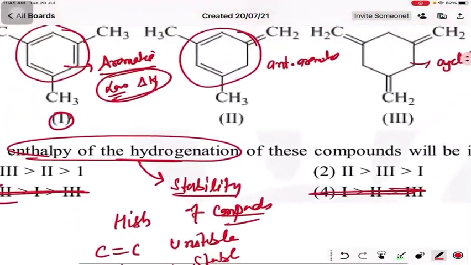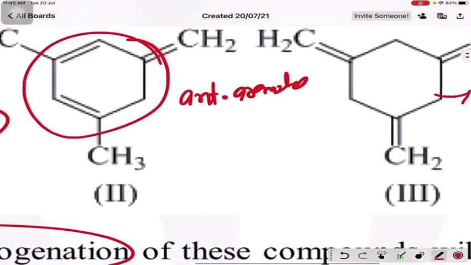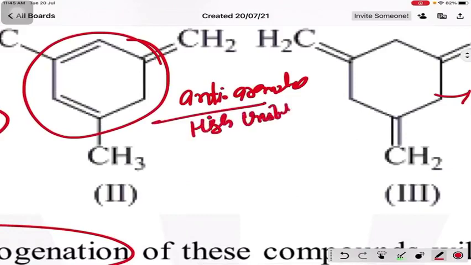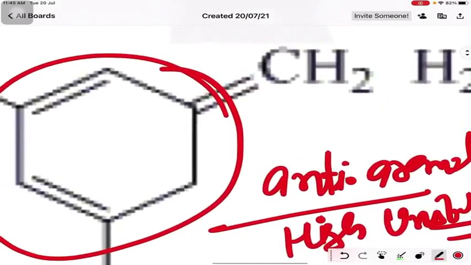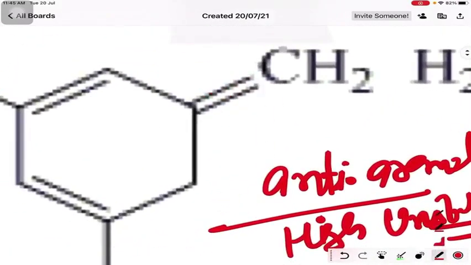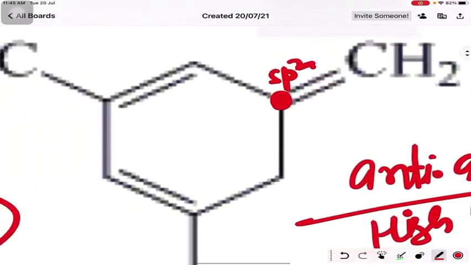Now out of 2 and 3, because this is anti-aromatic, so this is highly unstable. Why is it highly unstable? Because here the carbon is sp2 hybridized. So here the concept of bond angle comes.